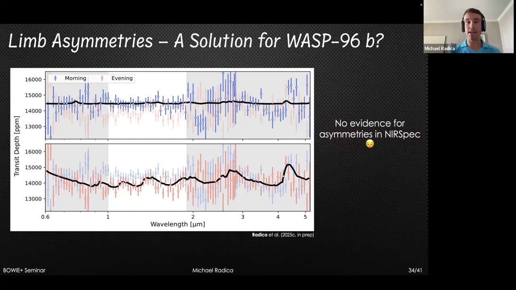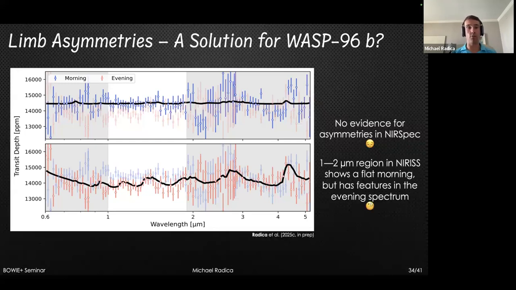Don't necessarily pay attention to the retrieval model shown in black. But if we look at the NIRSpec bandpass, there really doesn't seem to be any difference between the morning and evening spectrum. They're basically always lying right on top of each other. But if we go to the NIRISS bandpass, and particularly that window from 1 to 2 microns, we see a much flatter morning spectrum and an evening spectrum that seems to have evidence for spectral features, very reminiscent of what Chagnick saw in WASP-94AB.